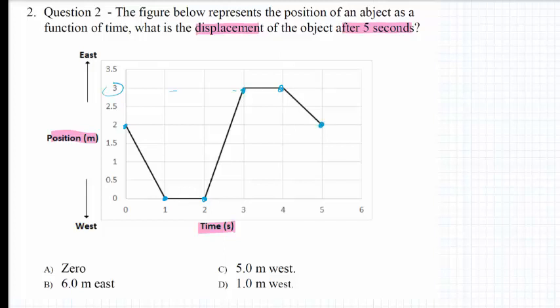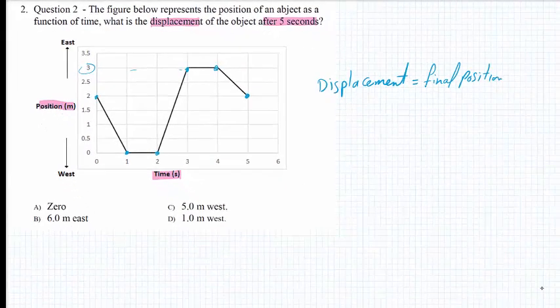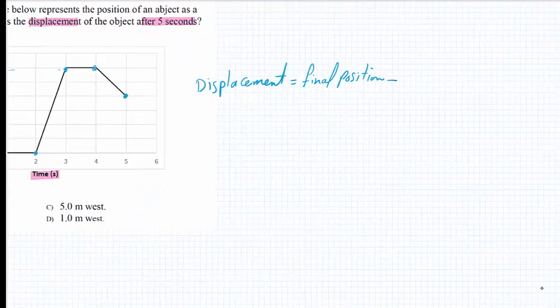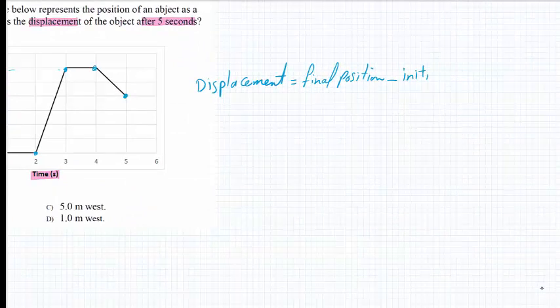Here he's asking about the displacement during 5 seconds. Displacement equals final position minus initial position.